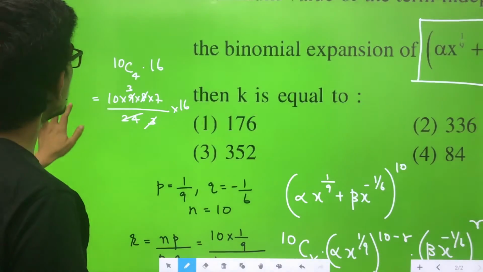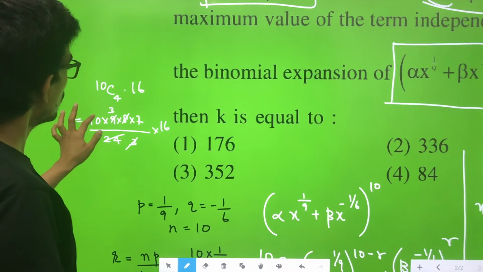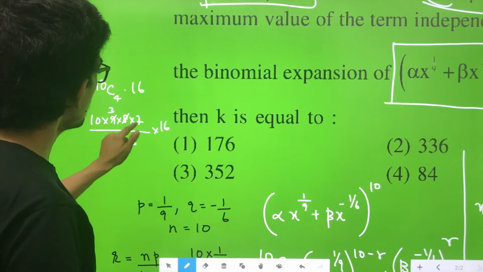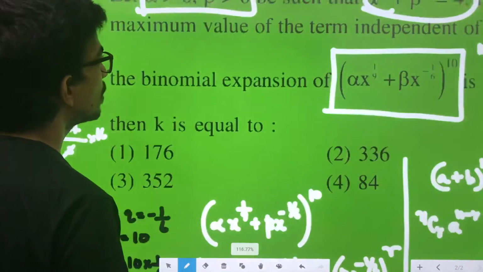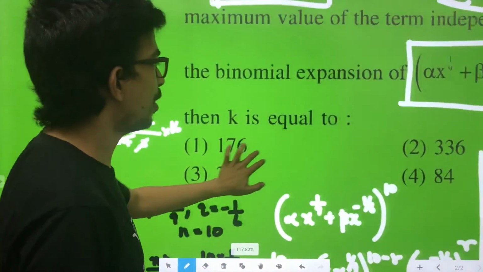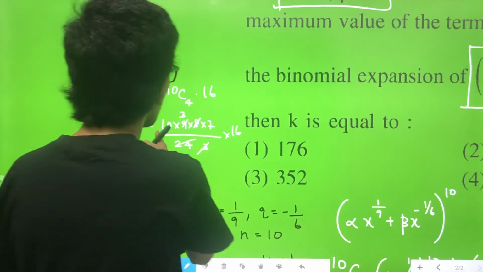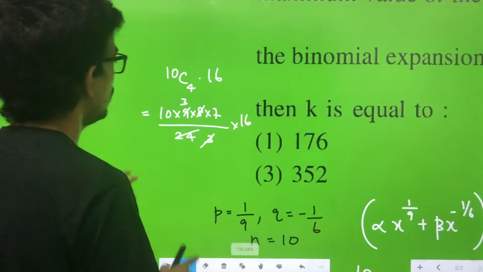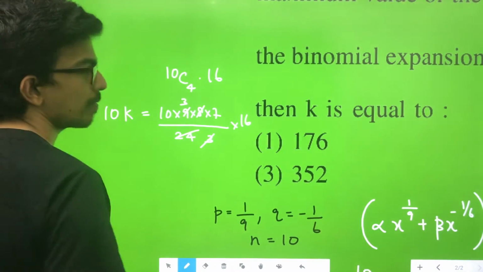We have 16 into 10c4. Oh, it is given to be 10k. So you have to find the value of k. It is given to be 10k, so you don't have to worry about the 10 there.